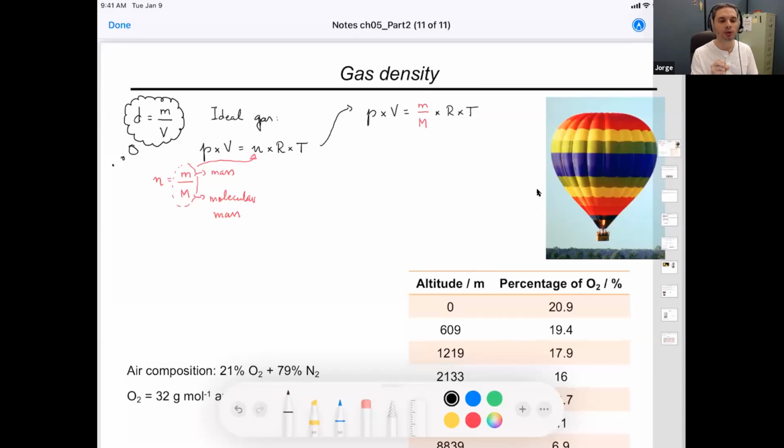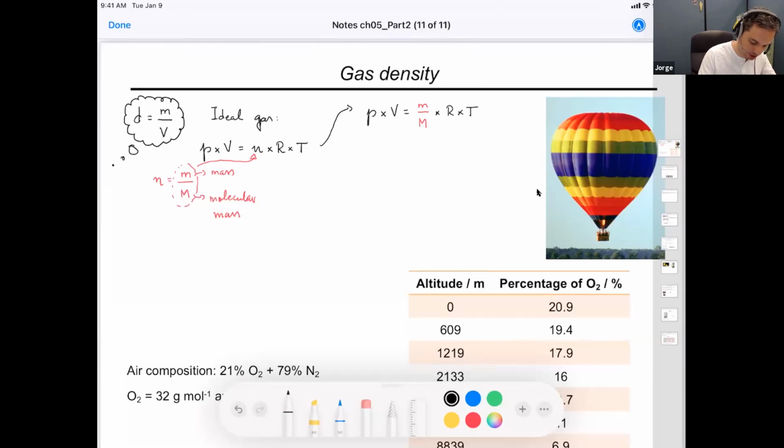I know that density is mass over volume, so I will try to manipulate the ideal gas equation in order to get mass over volume, and that will be equal to density.